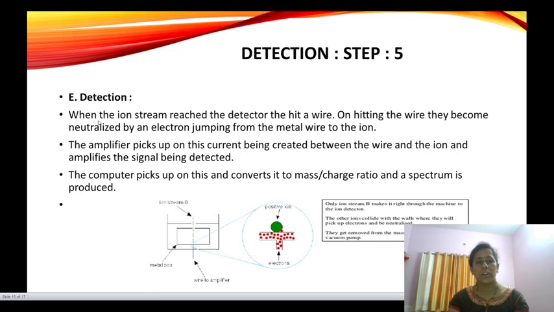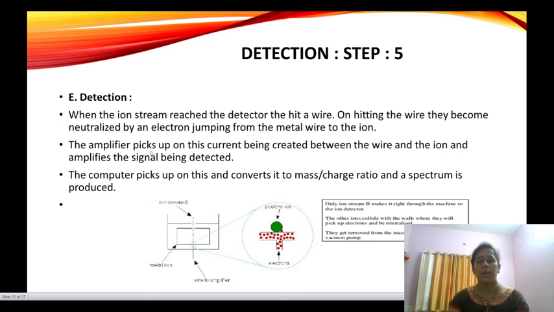In detection, when the ion stream reaches the detector, it hits a wire. On hitting the wire, the ions become neutralized by an electron jumping from the metal wire to the ion. The diagrammatic representation is shown here.